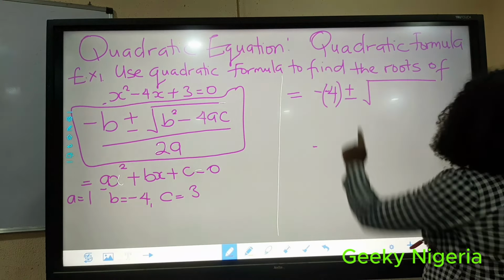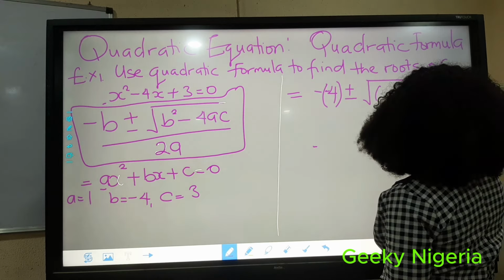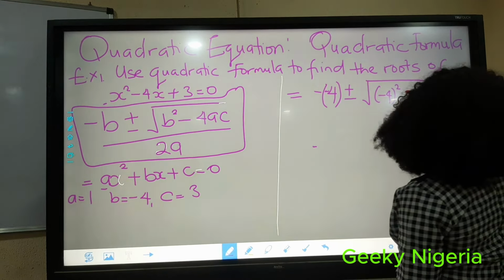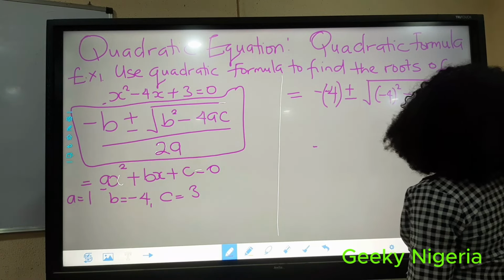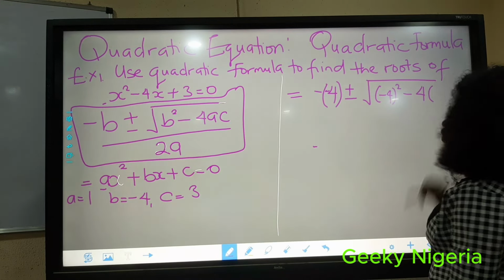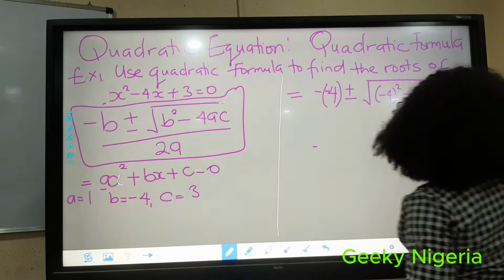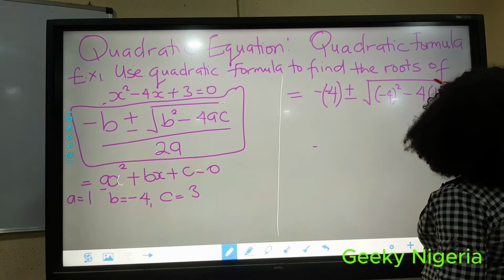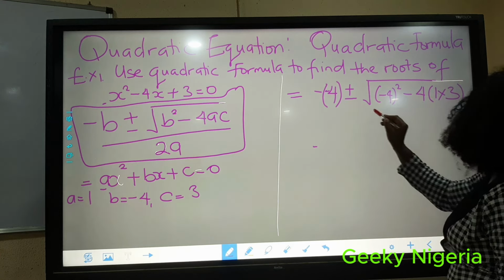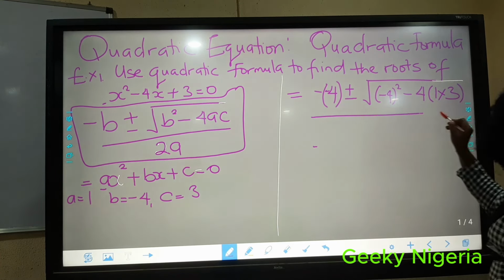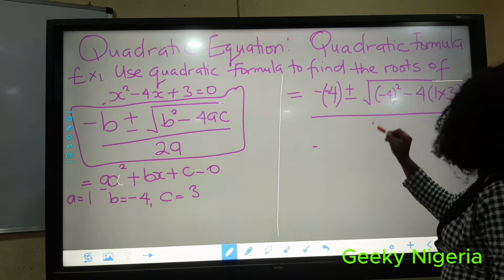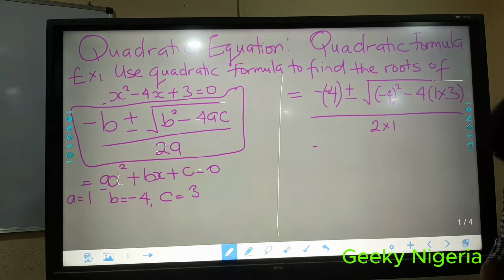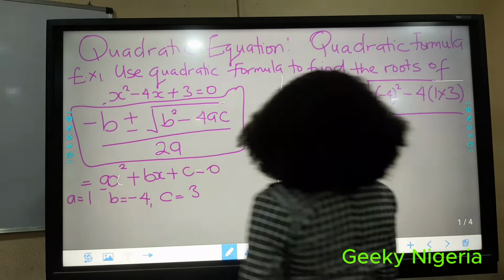Minus 4 times 4ac: our a is 1, times our c, which is 3. Remember this square root sign is covering everything. All over 2 times our a, which is 1. Okay? So let's proceed from here.